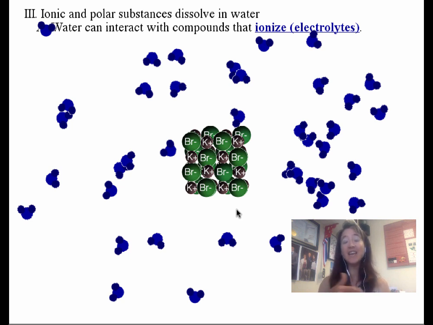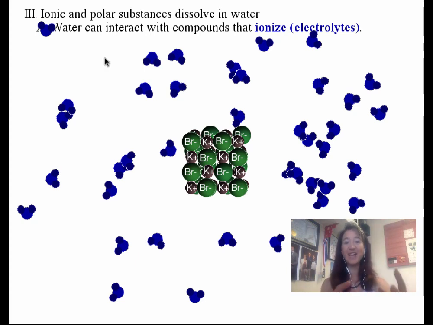The partially negatively charged oxygen is attracted to the cationic potassium ions. So water will form a solvation or hydration sphere around these compounds. That's why these are called electrolytes, because they will be pulled apart into their component ions when water is present. So we will see the formation of a hydration sphere around each one of the ions.